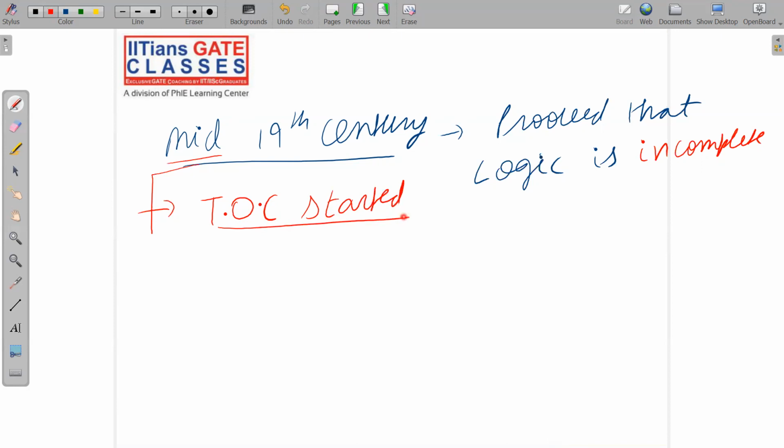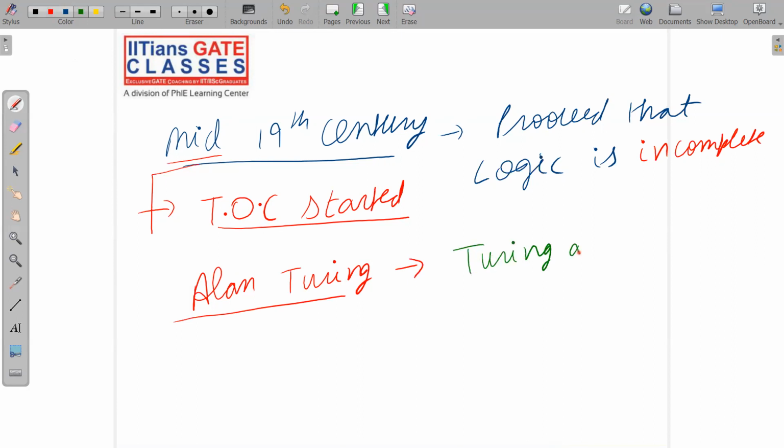A very interesting fact about Alan Turing: the biggest award given to any computer scientist is the Turing Award. Computer scientists do not get the Nobel Prize. The Nobel Prize is given to core subjects like physics, chemistry, mathematics, and literature also.